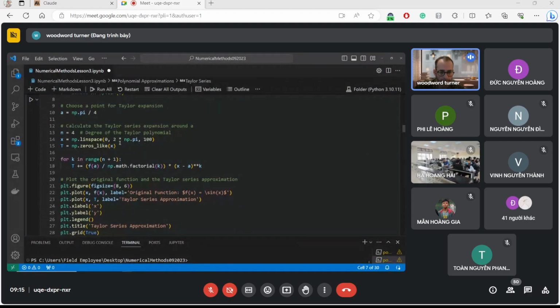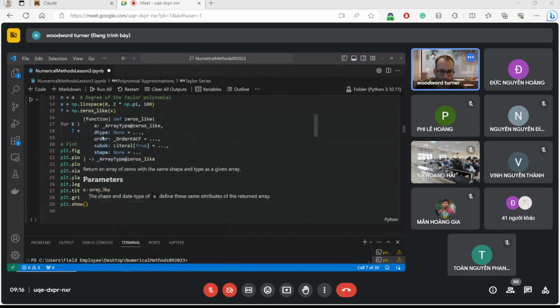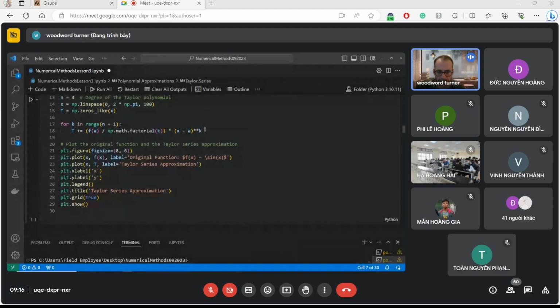Again, I'm taking 100 values between 0 and 2 pi, and then I'm going to make a range of zeros. And here I'm just creating the Taylor polynomial. So for k in range n plus 1, in this case it would be 5, I'm going to take t, which is my 0 vector here, and I'm going to add to it each term of the Taylor polynomial, which should look familiar to you, right?